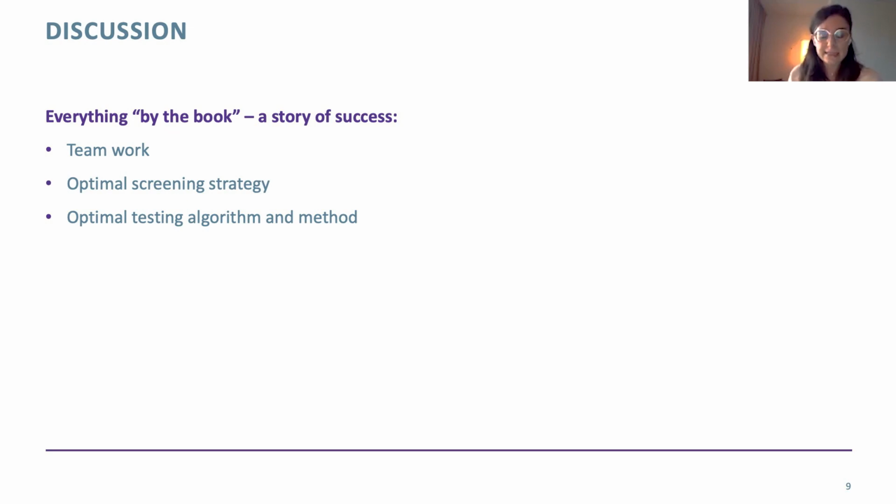And I think that the success of this story is based on the fact that there was teamwork, that the strategy used to screen also for rare alterations was really good, and the method that the lab used was appropriate to detect all the possible alterations for which we have, let's say, a therapeutic option for the patient.